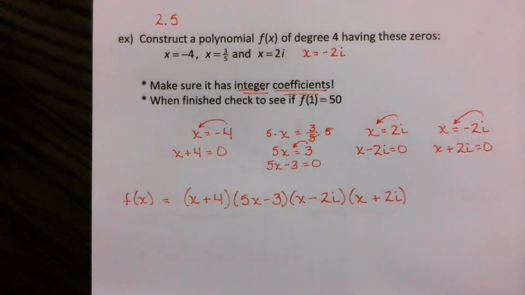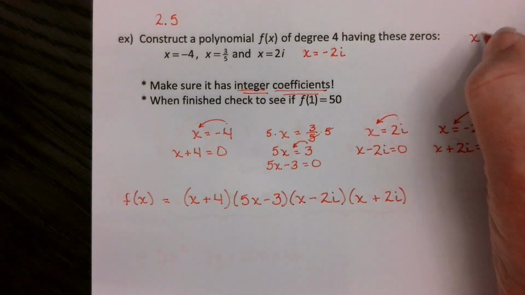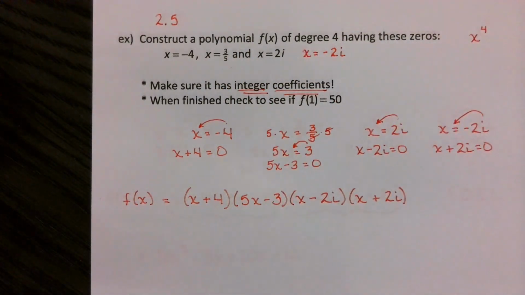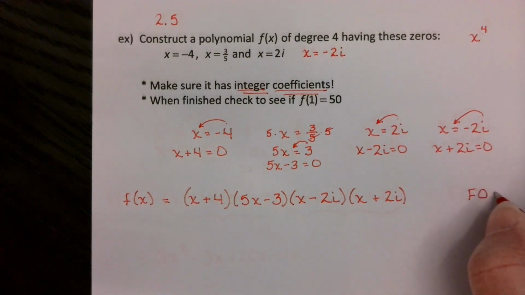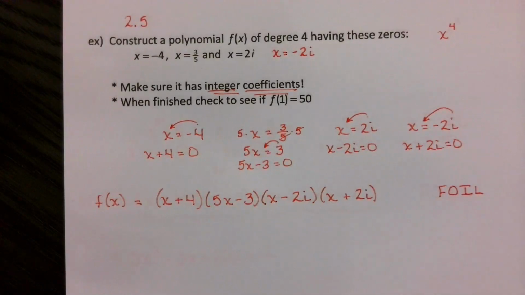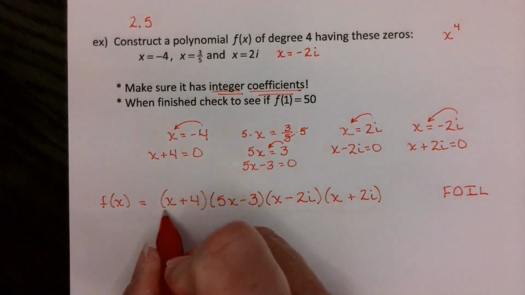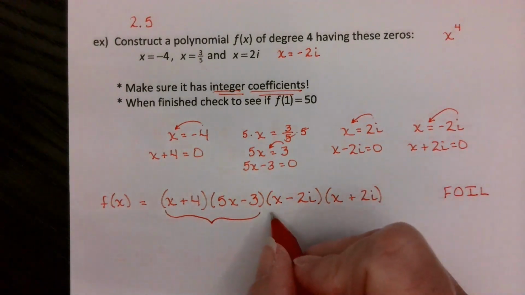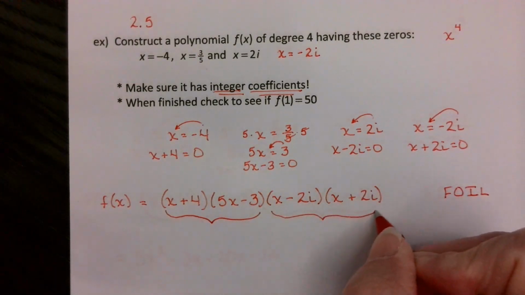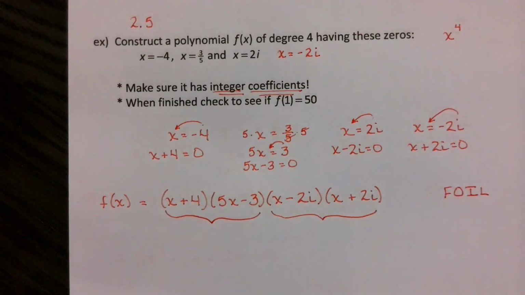Well, we want it to be something x to the 4th plus or minus x to the 3rd and so on. Okay, so we want to multiply all this out using FOIL. Now, let's take these two and use FOIL, and let's FOIL those two as well.